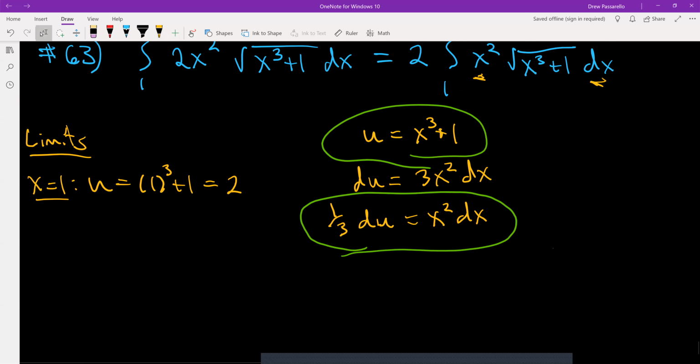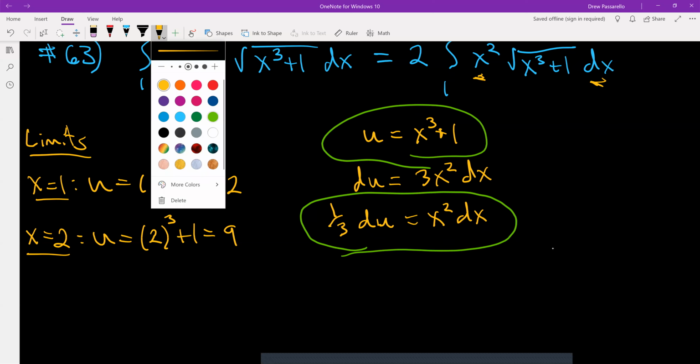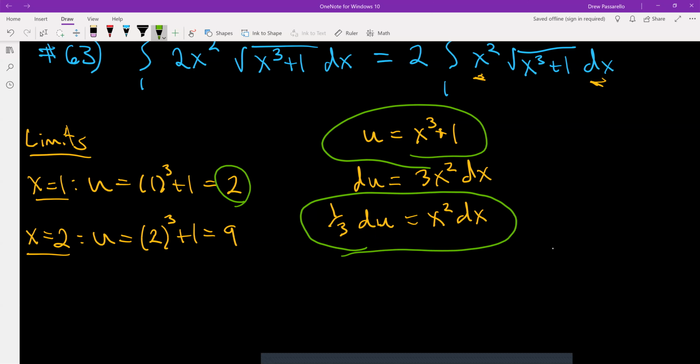And then when x is 2, u is going to be 2 cubed plus 1, so that's going to be 9. So these are my new limits of integration.